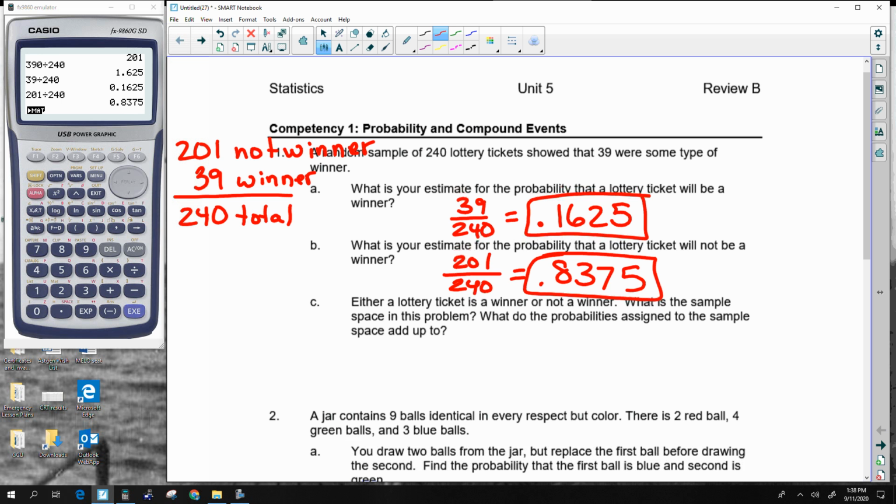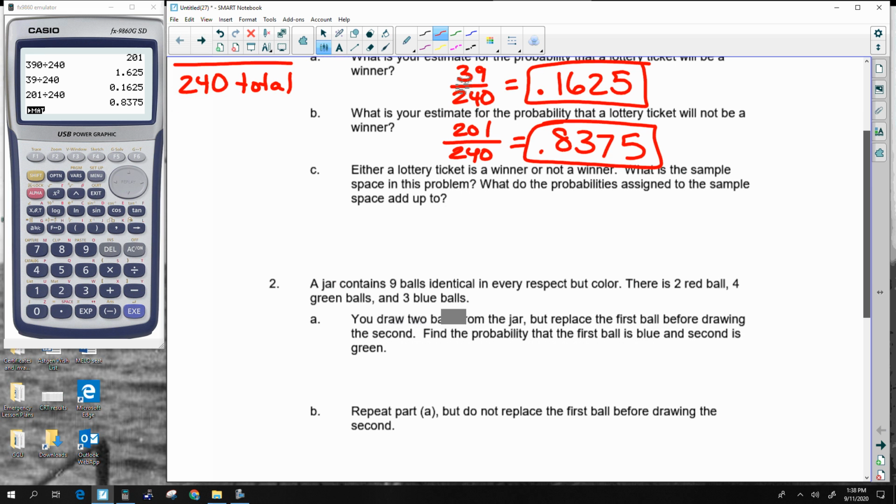All right, either a lottery ticket is a winner or not a winner. What is the sample space? And what do the probabilities assigned to the sample space add up to? So the sample space are the words, and so that is a winner or not a winner. All right, so that is the sample space.